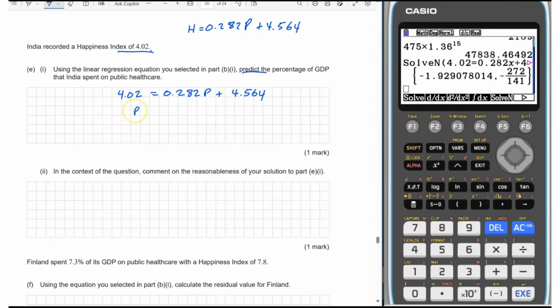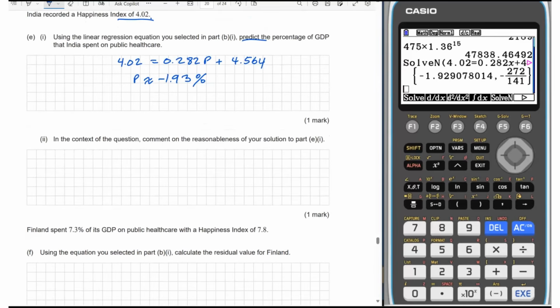So we get that p is approximately equal to minus 1.93, and it's a percentage of GDP. Now, that answer is a little bit unusual because in the context of the question, what does it actually mean? Well, it means you're spending a negative percentage of your GDP, which is not quite possible. So no, not reasonable.